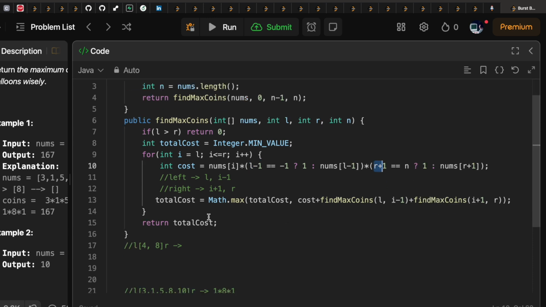Then we pass this value 0 0 to our call.